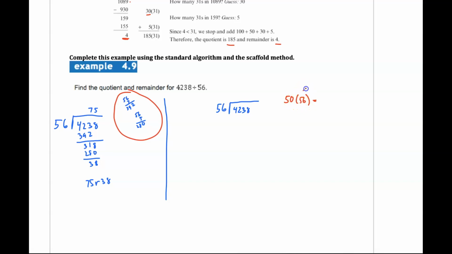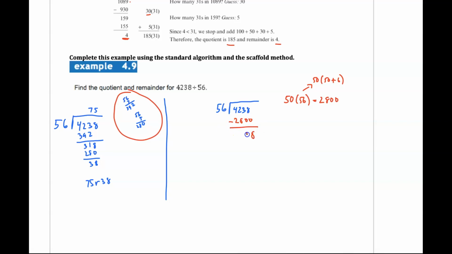This turns out I can do this calculation in my head. 50 times 6, so it's 250 plus 300. So this turns out to be 2,800. So I know at least 50 times, okay?